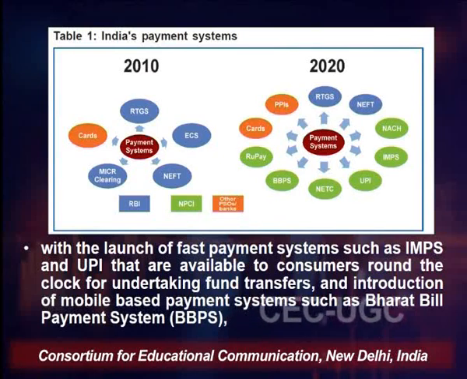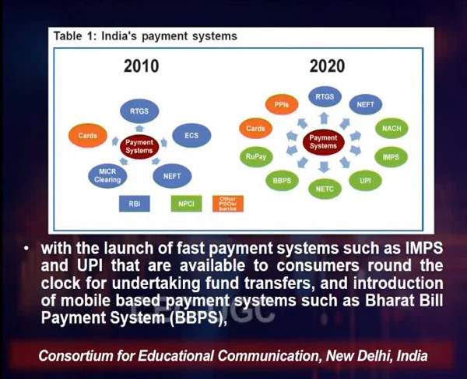But in 2020, if we look at the number of payment systems and processes available, they are too many. RTGS, NEFT, IMPS, UPI, and then we have the RuPay card, other types of cards, toll payment apps. Then we have the Bharat Bill Payment System for all the routine payments to be made.